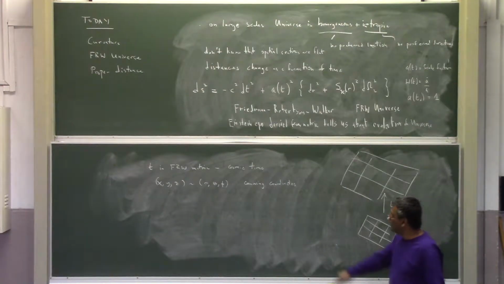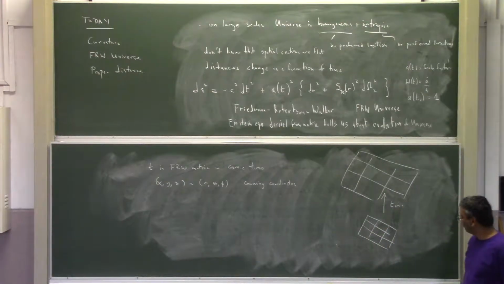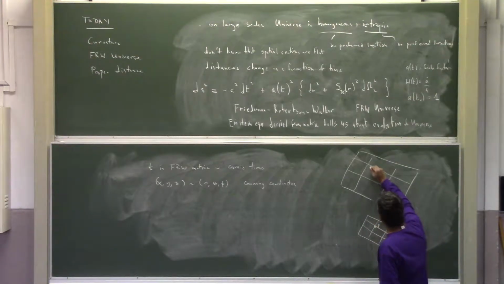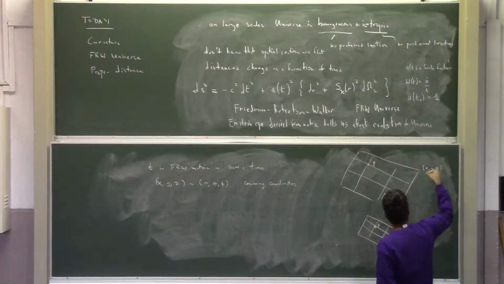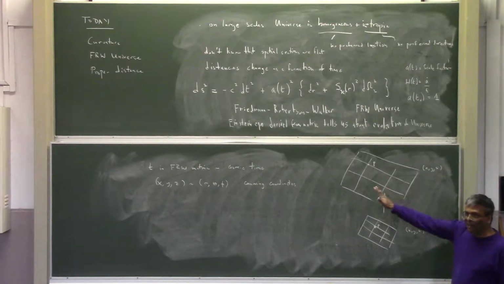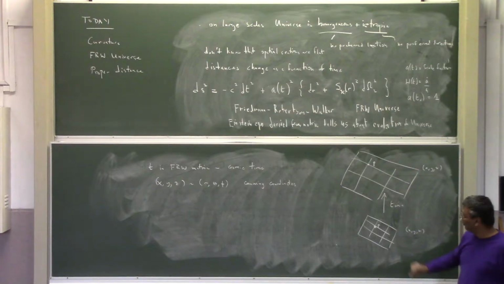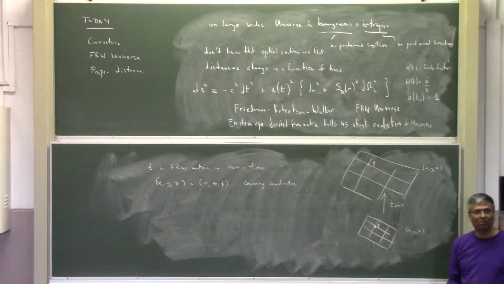Okay? So that's what we mean by comoving coordinates. So the point here has coordinates x, y, and z. And the same point P will have coordinates x, y, and z here as well. It's just because of the expansion, the scale factor in front has changed. So the distance is changing because of that scale factor. But the distance on the actual spatial section at a different time stays the same.